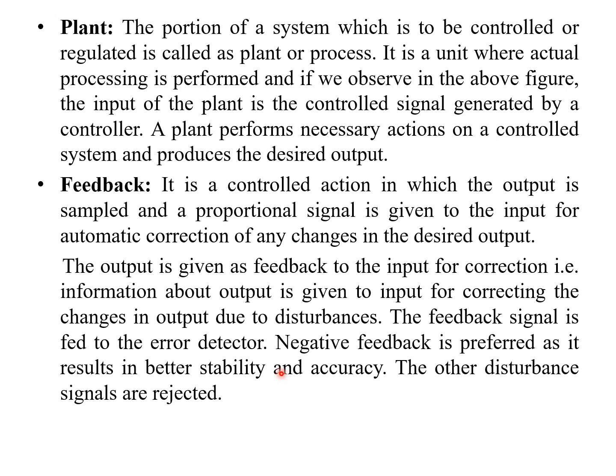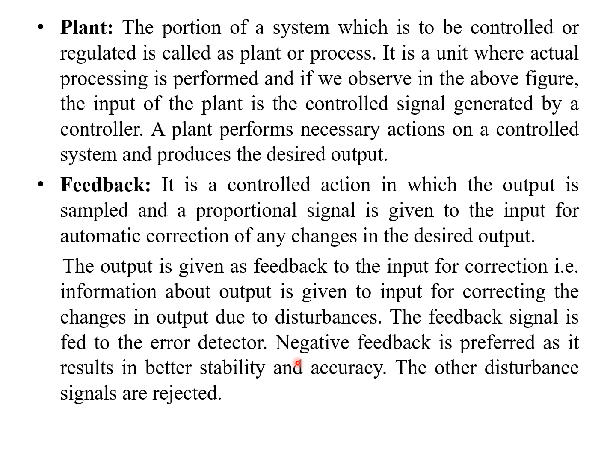And feedback is very important for a control system, because whenever we are unable to get a proper output, that has to be fed back to the error detector, and the deviation in the output should be measured in the error detector, and that should be given to the controller. So that is what is done by the feedback system here.